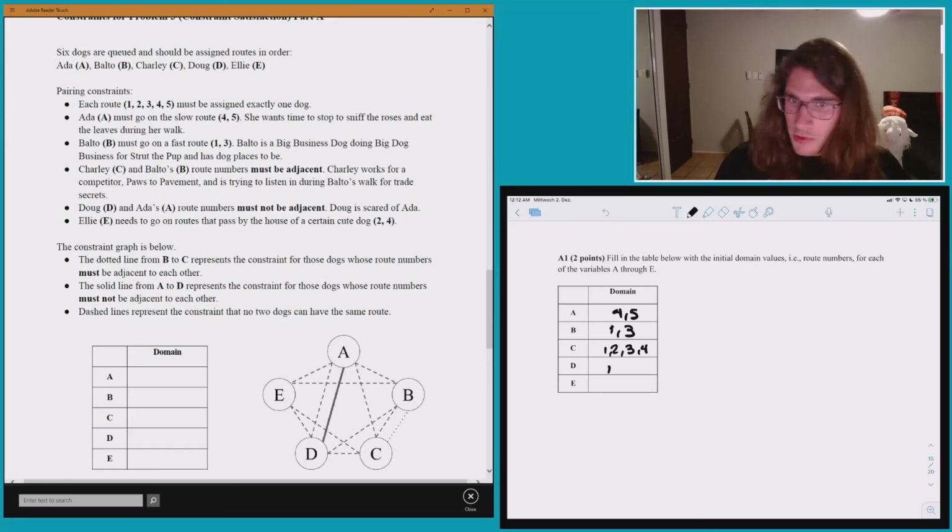So it could be 1, 2, or 3. And then 2 or 4 for the last variable.